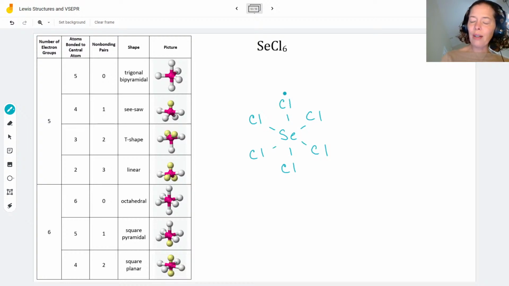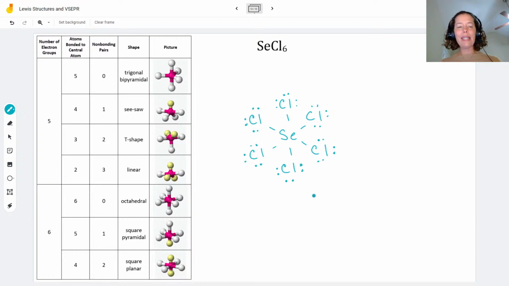There were no lone pairs on the selenium. So you guys can probably already decide what shape it is. Well, I put in all of the lone pairs around these chlorines. Okay, we're almost getting there. Almost one more to go.